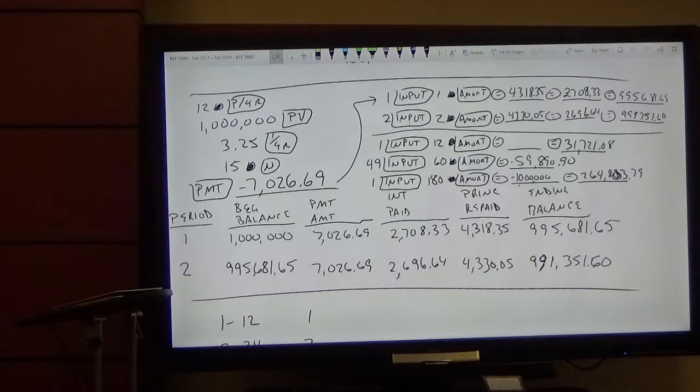Just the beginning balance multiplied by the monthly rate. Yeah, it's the beginning balance, because again, that beginning balance is for the monthly term. Then you multiply by just the monthly rate. Okay, sorry.